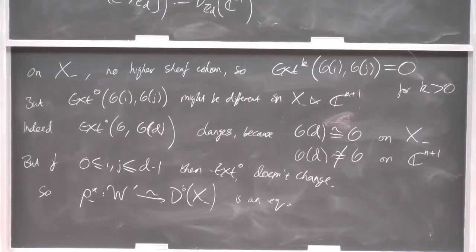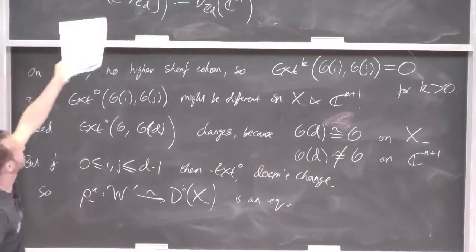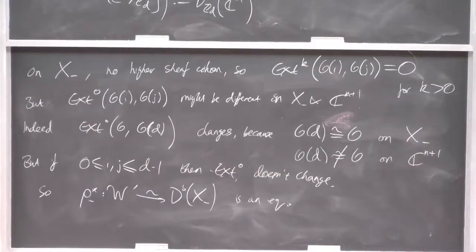OK, so how can we compare the two sides? I've got my two possible quotients, x plus and x minus, and I want to compare their derived categories, so I lift them into windows in the equivariant derived category. And the point is that one of these windows fits inside the other one. W is this guy, W prime is that guy, and depending on your choice of the numbers, one of them sits inside the other.